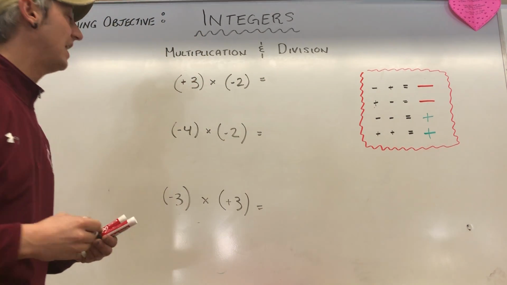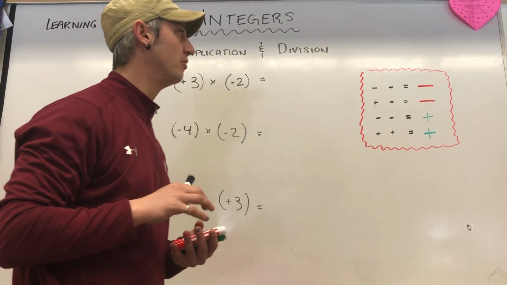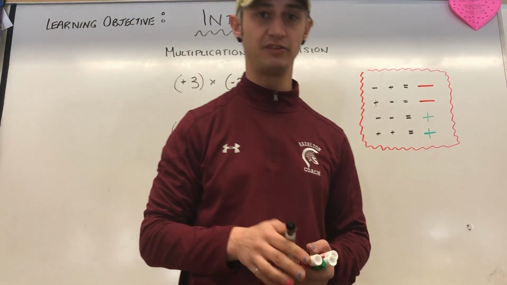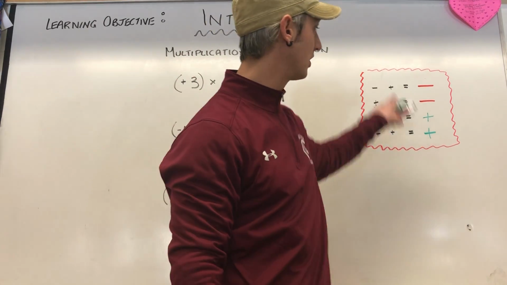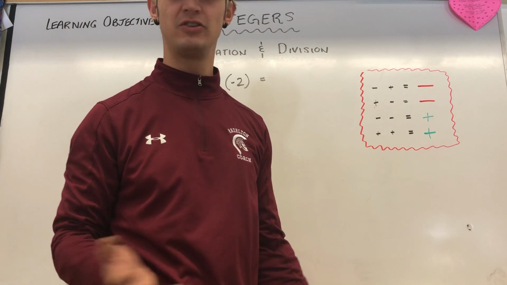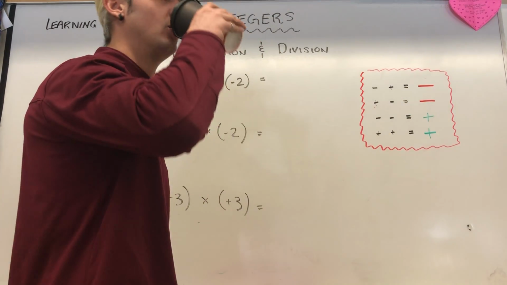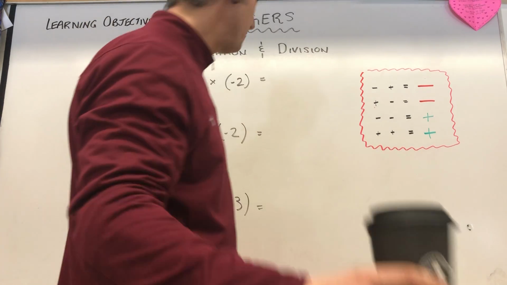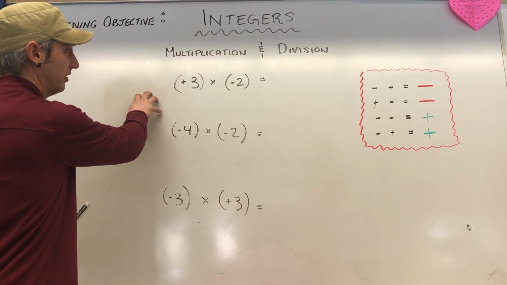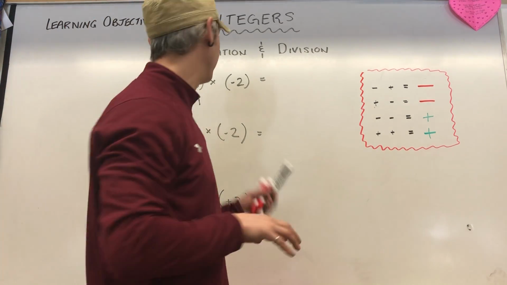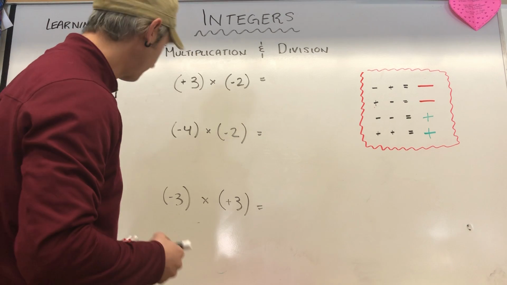So what is happening in all of these situations? Well, I'll go through the more complex explanation of what's going on, and then we'll jump back to our shortcut, which makes it, if you know your times tables, super easy. So again, like with adding and subtracting integers, I can read this like a sentence, okay?